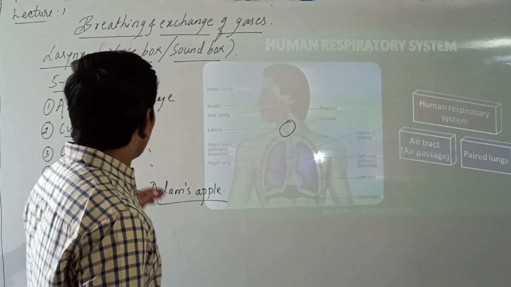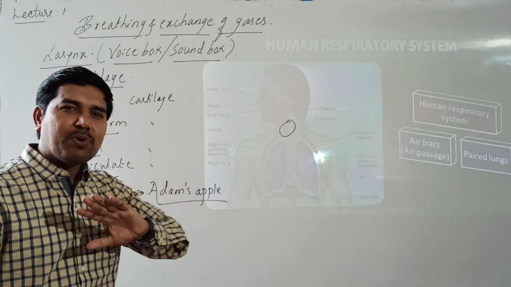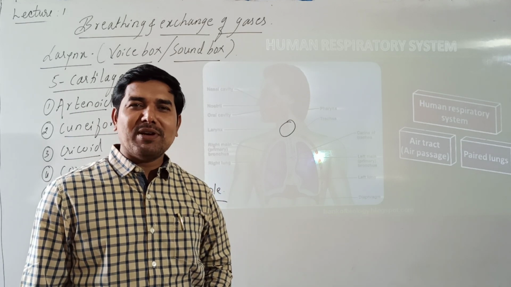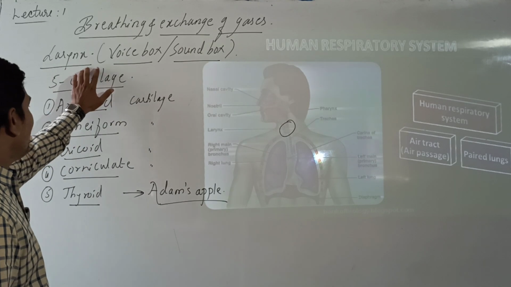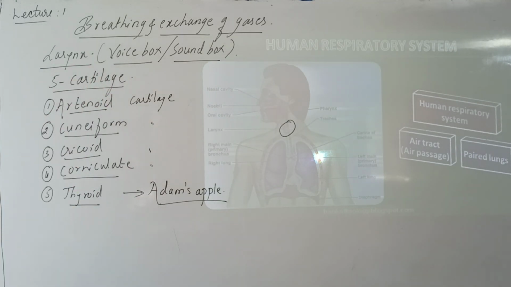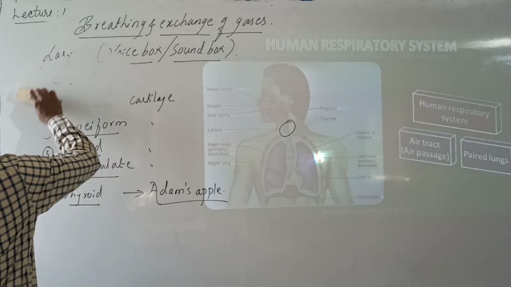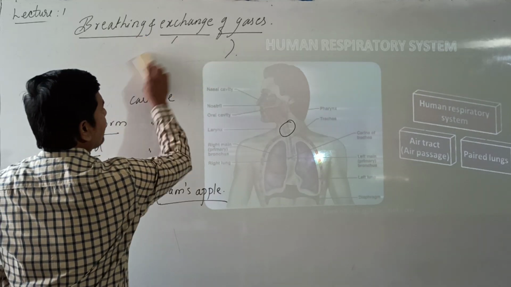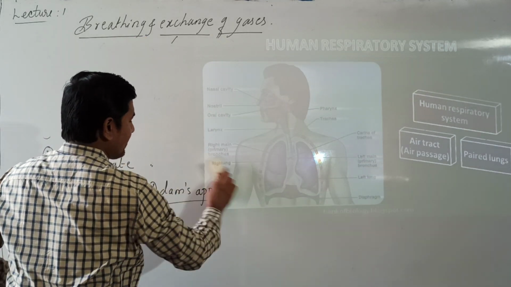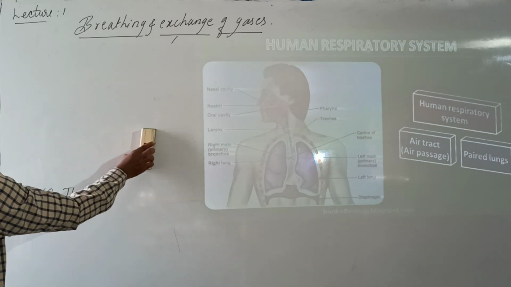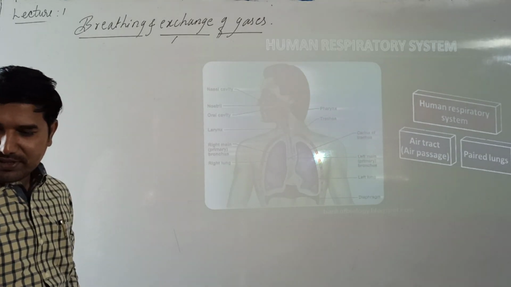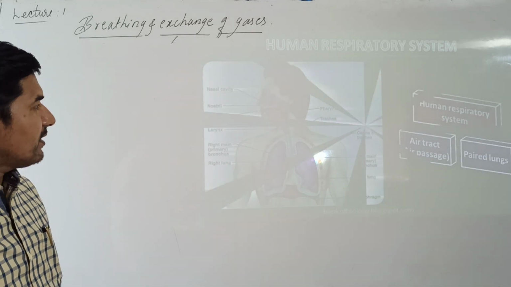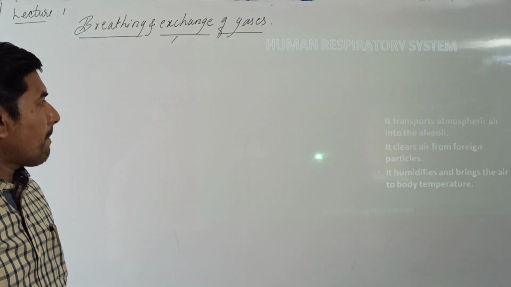Okay. Now what is the function of the larynx? To produce the sound, and hence it is commonly called a voice box or sound box due to the presence of the vocal cords in it. Okay, so this is regarding the larynx. Now this larynx will give rise to the next structure, which is called the trachea.